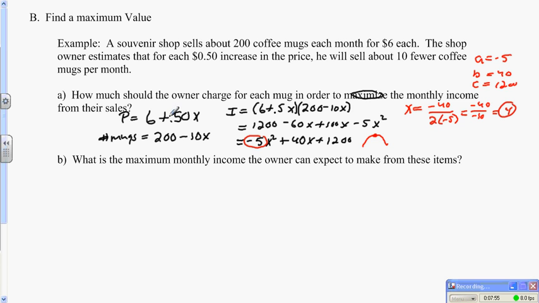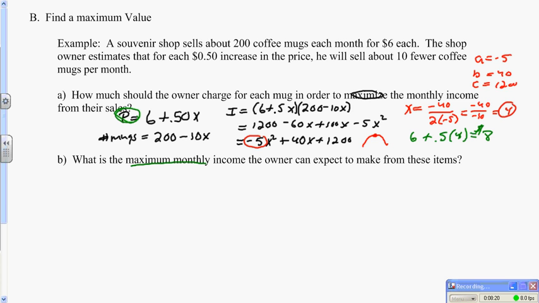Well, we have the price formula here. So it will be 6 plus 0.5 times 4. And that will be $8. So they will maximize their income if they go to $8. If they go more than that, it will get worse. They will not sell as many.